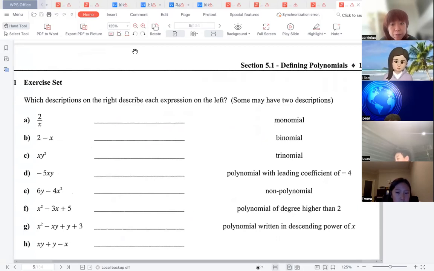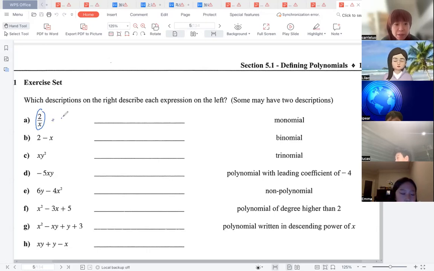Lilac, first one, 2 over x. Is it monomial, binomial, trinomial, or non-polynomial? Binomial? No. If it is a regular one without any instruction, it should be monomial because it only has one term. But Lilac, take a look at this one.